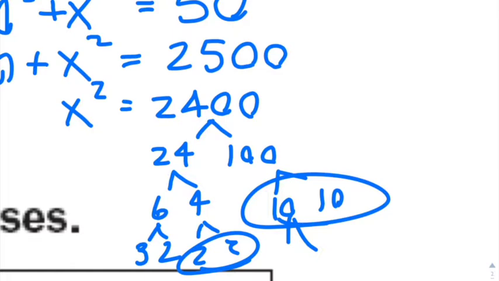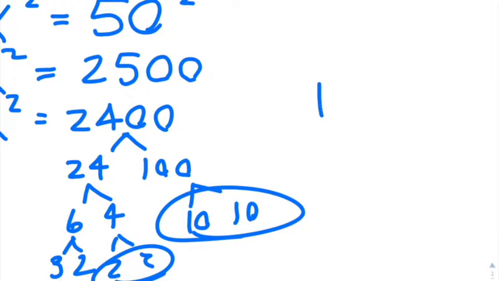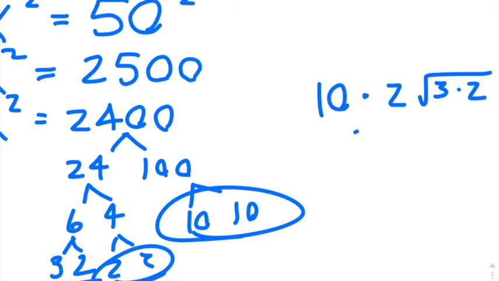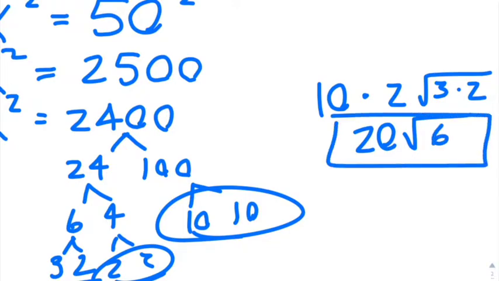Normally, you're supposed to break down the 10s, but they're going to both break down into 2 and 5 and 2 and 5, so then you just say 2 times 5, or 10. Alright, so let's see here. We got 10 times 2, and then times 3, and the 2 left over right here. Those are left over down there. Not enough to make a pair. So that'd be 20 and then square root 6 right there.